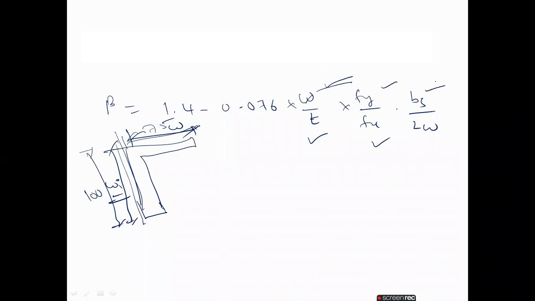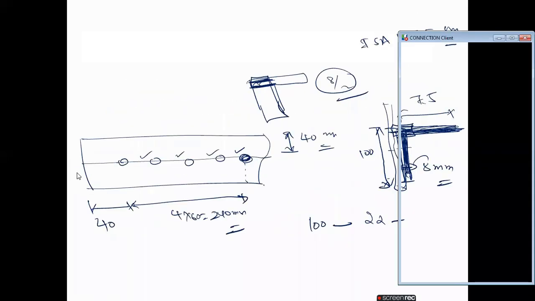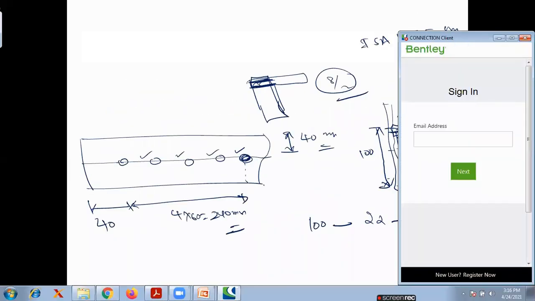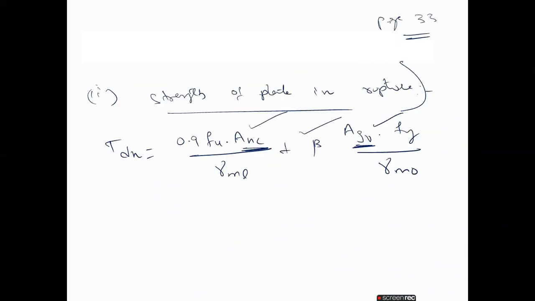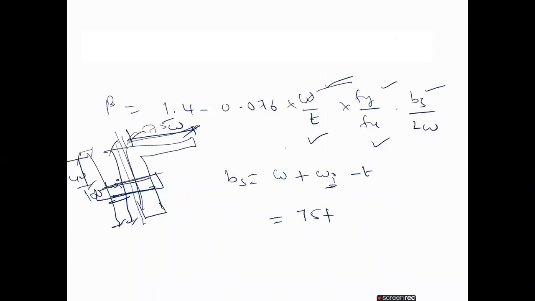The bs value we calculated like this: w + w1 - t. w is 75. w1 is only up to here, wherever the connection is, which is already given in the plate we provided. So this is 40 mm. We will take this value for the calculation of the beta value, minus thickness 8 mm. So you will get some value here.